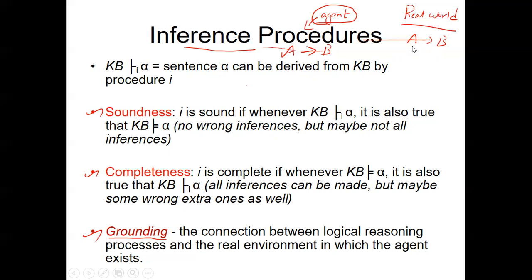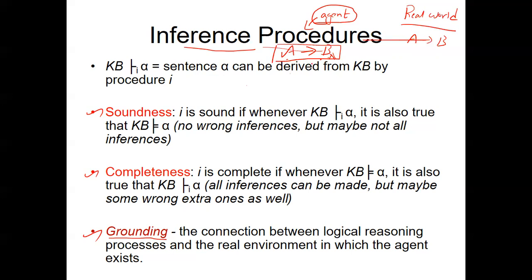That checking is called grounding. The inference algorithm may derive B from A by following all the syntax, all the rules of the language or the grammar perfectly. There may not be anything wrong syntactically in how it derives a particular sentence from the knowledge base or whatever it may be. With respect to its syntactic part, it is fine.